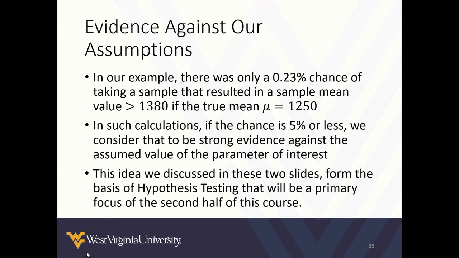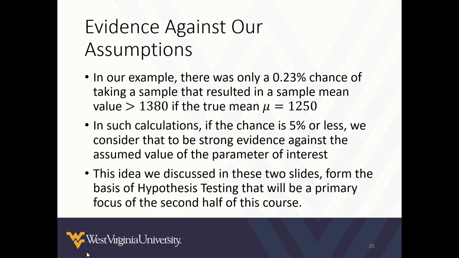And so what happens when this very rare event occurs is we generally consider this to be evidence against our assumption. So specifically in our example, there was only a 0.23% chance of taking a sample that resulted in a sample mean value of being greater than 1,380 if our true mean really is the 1,250.